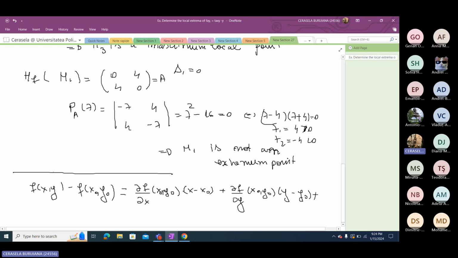As I said, it's not a rule. I saw exercises where it was necessary to take a Taylor polynomial of third degree, for instance.